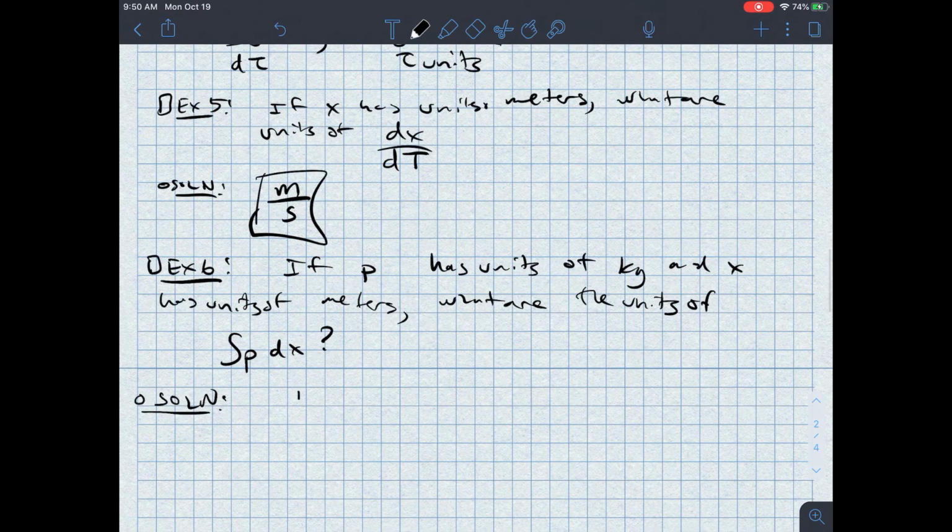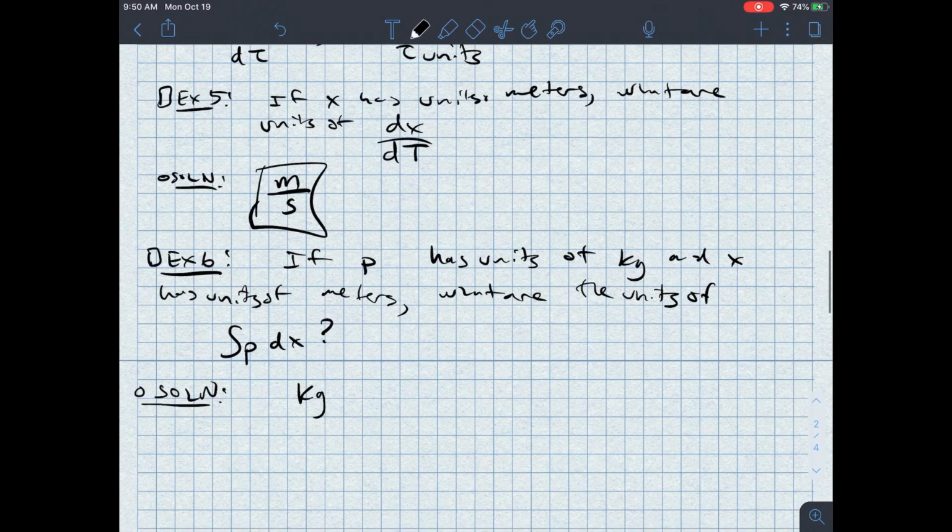The solution should be the units of P, so kilograms, multiplied by the units of x. So let's say kilogram·meters. I put the dot there just to make that very clear.